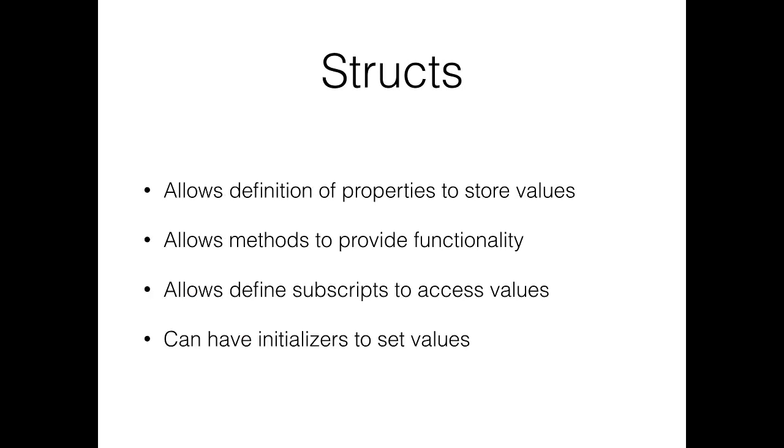Another value type is structs. Structs have had a major overhaul in Swift, and they are really, really powerful. Besides being a value type, which means that if you create a struct and then set it to another variable, it will pass the value. So if you change the second one, it won't affect the one that gave birth to it.